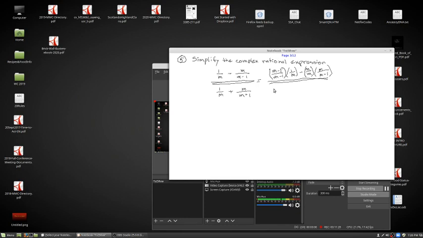Okay, likewise on the bottom, in this case it's m plus 1, so we're going to multiply m plus 1 over m plus 1 times 1 over m. And then this time it's plus.